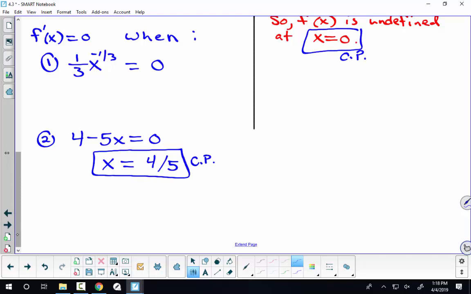And when is 1/3 x to the negative 1/3 equal to 0? Doesn't exist. There is no value of x to make that 0. Again, this is 1/3 times the cube root of x. So when does a fraction equal 0? When the numerator is 0. The numerator is always 1, so this never equals 0.